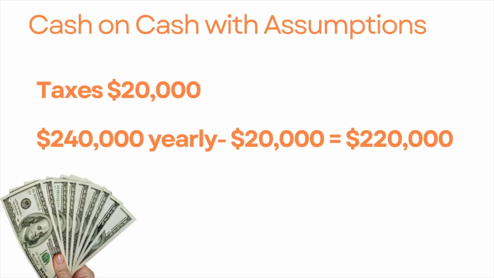But what we need to do is we need to make some deductions on a property like that. Let's just assume that now our taxes are maybe $15,000 a year, right? I'll say 20. So off of the $240,000, we need to subtract $20,000. That gets us down to $220,000. This is in the numerator.